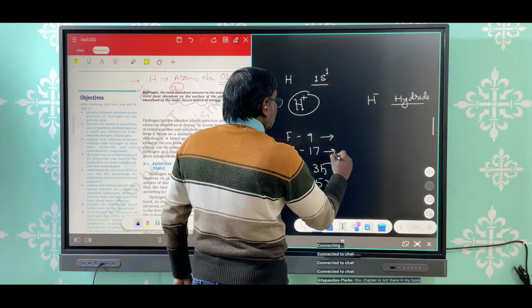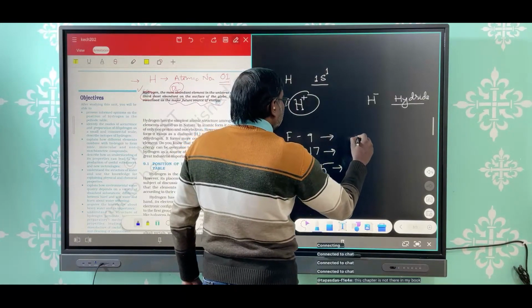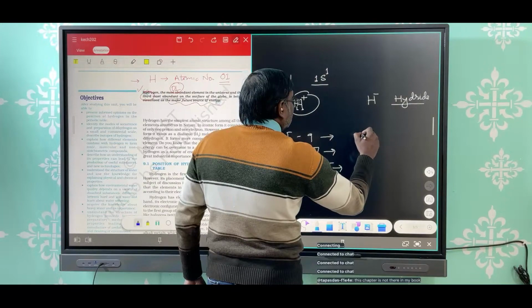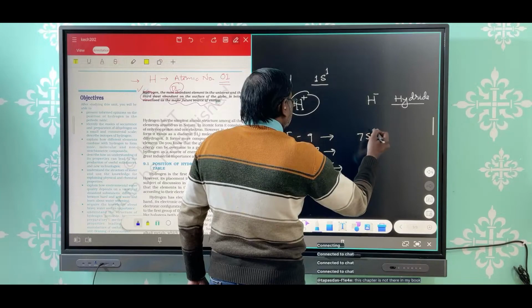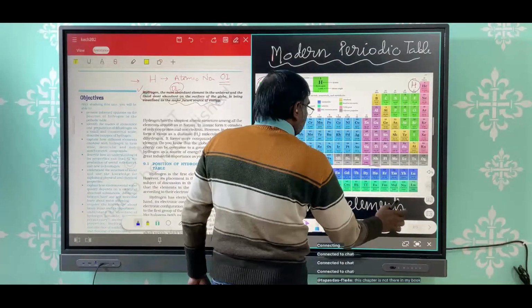And if we write their electronic configuration, they will be in the 7s, right?